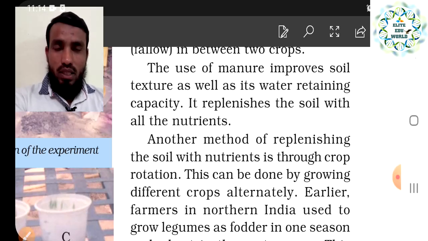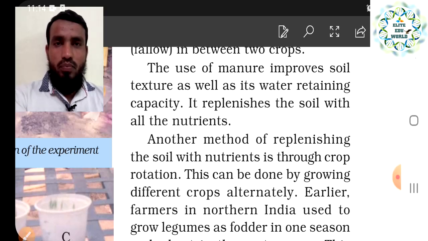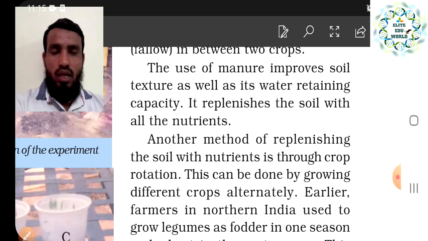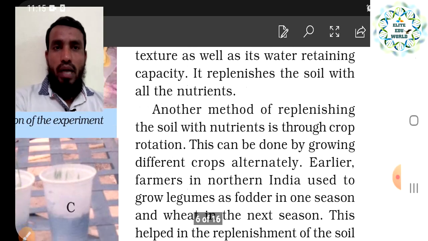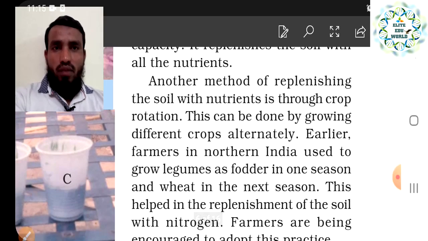Water holding capacity will increase, your soil's texture will improve, and whatever problems the soil profile has, which we have already seen in our lower classes, will be rebuilt with manure. So those are the advantages of using manures and avoiding fertilizers.